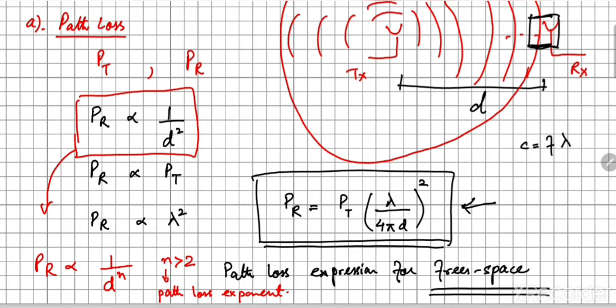Its value equal to 2 corresponds to the propagation model for free space, and its value greater than 2 corresponds to more real-life wireless environments where there are trees, walls and buildings, and other obstructions like vehicles or forestation involved.